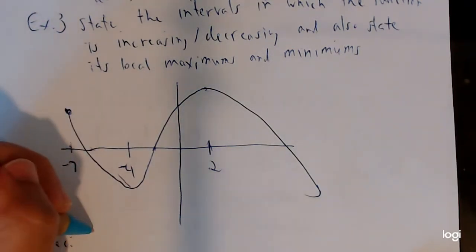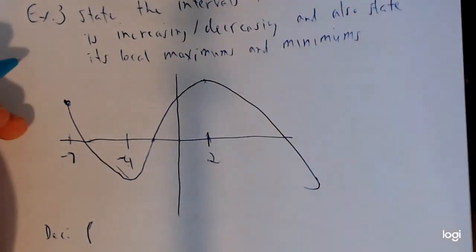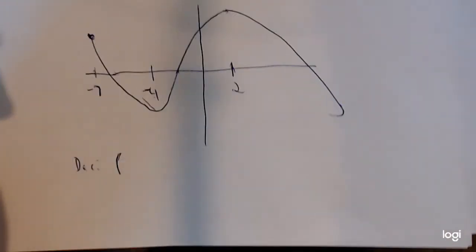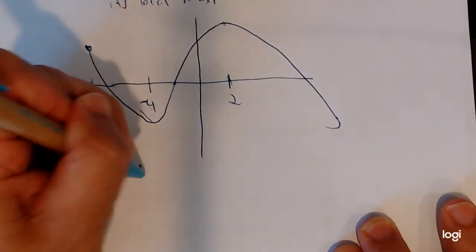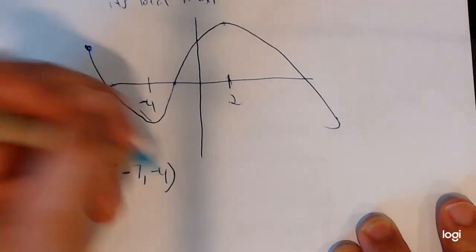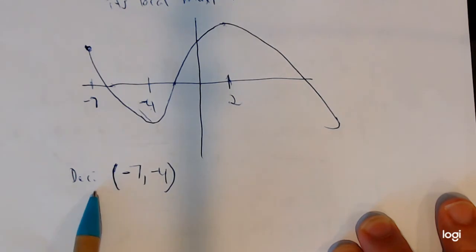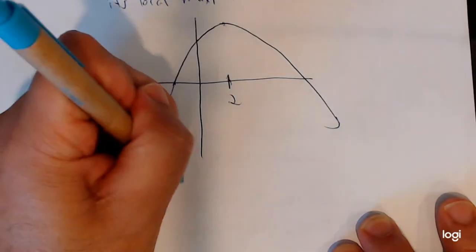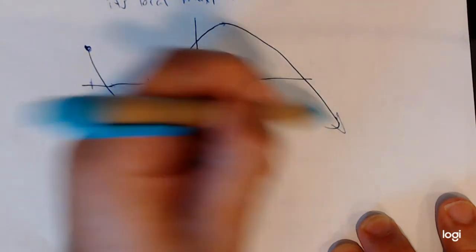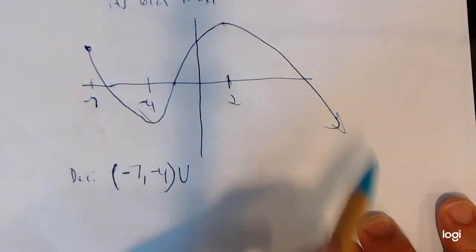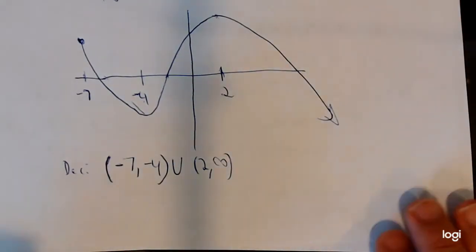Whether you include -7 or -4 doesn't matter; you could use either parentheses or brackets. Now, from -4 to 2, it's increasing, so I don't care about that. We're only talking about decreasing. But then I'm going to union it with 2 to infinity, where it's going downwards. So that's where it's decreasing.